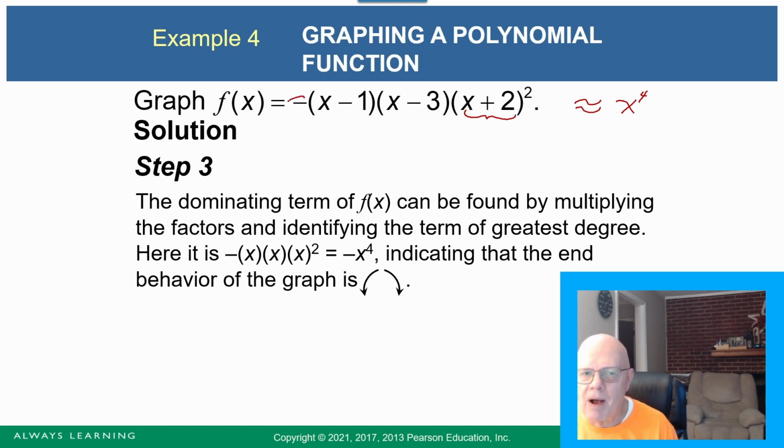But notice you've got a minus out front, so instead of looking like this, squared off a little bit, it's going to be just like that. A little bit squared off in there. It's going to be headed downward because of that minus sign.